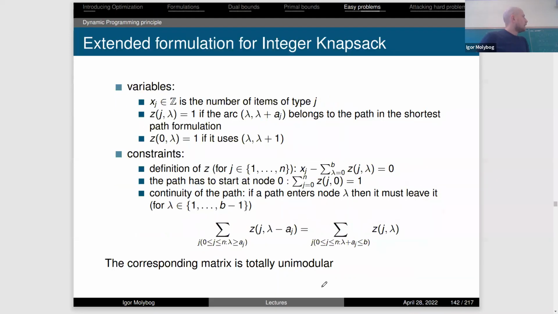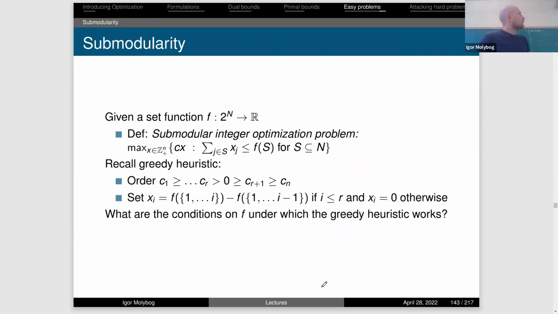Yeah, and then we have considered another class. Up to this point, we have considered easy problems that are solvable with linear relaxations, or any kind of relaxation. Basically, you take a relaxation of a problem, which is an easy, polynomial time solvable problem.